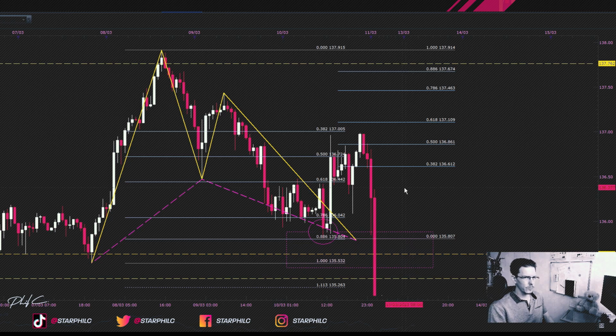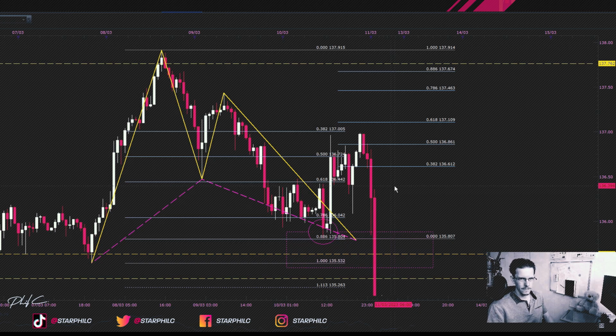Wanted to resume the recording of what we're talking about because we did come up and hit target 1. We took off half of the position. We rolled stops to break even. And then we were looking to see if we come up and hit target 2 or if we come down and get stopped out.